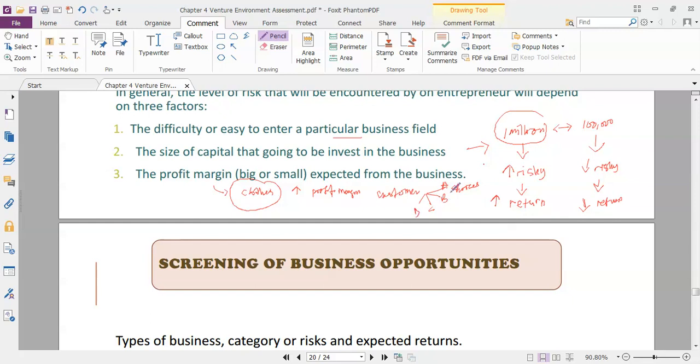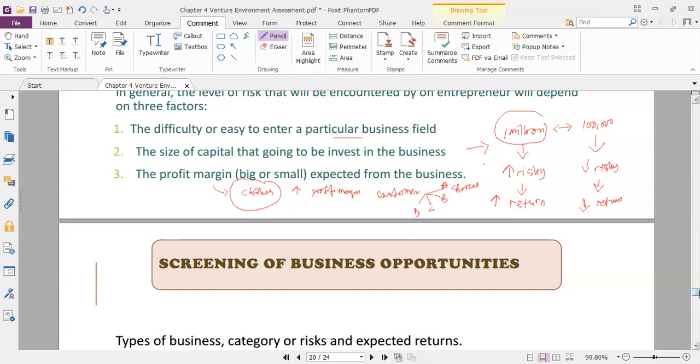Produk yang sama akan di offer oleh business A, B, C, D. So that's why the profit margin for the clothes business is low. Maknanya kurang untung. Itu akan menyebabkan risk of the business tu akan lebih tinggi. So untuk untung banyak tu sangat sukar.